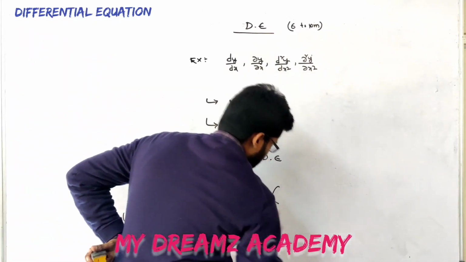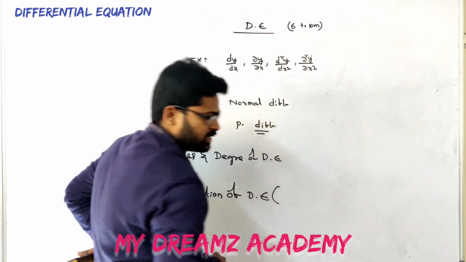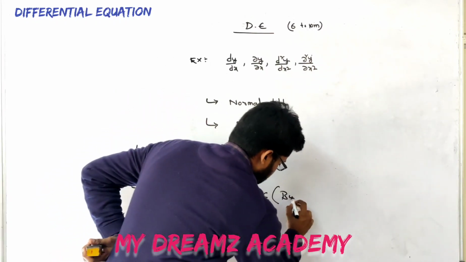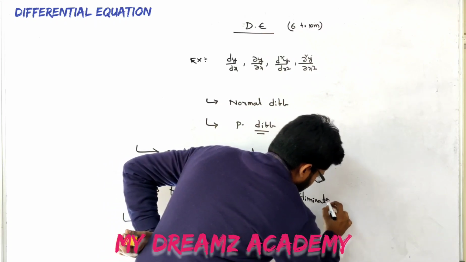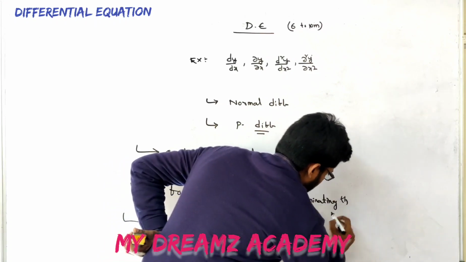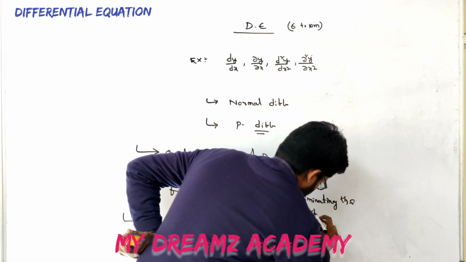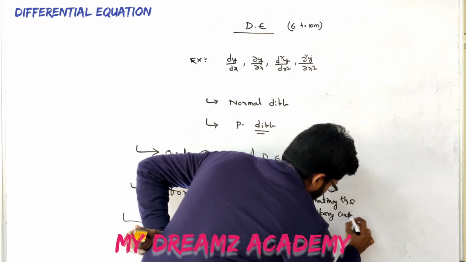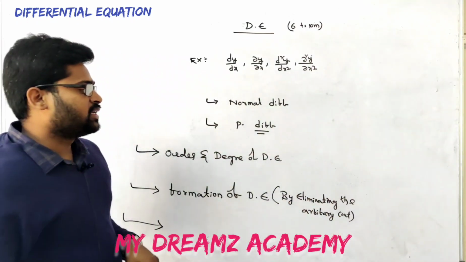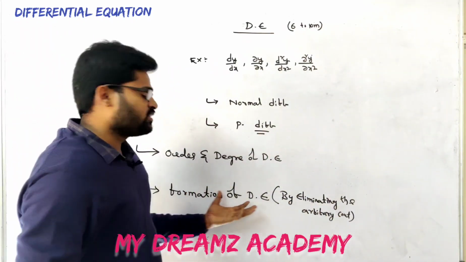Generally, we deal with this by eliminating the arbitrary constants. By eliminating the arbitrary constants, we form a differential equation.